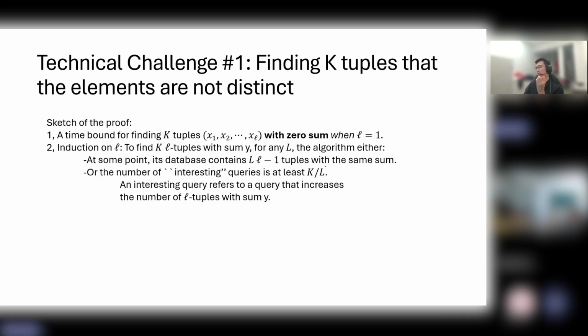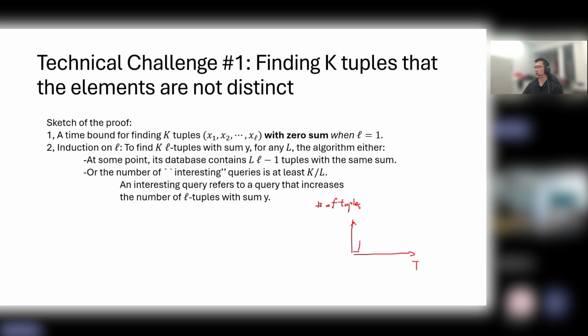So it's like a pigeonhole principle. Either you increase k divided by L times, or at some point there are more than capital L smaller tuples in the database, which guarantees that in one step you can get more than capital L L-tuples of some y. To draw a graph, this is the number of tuples, and this is t.